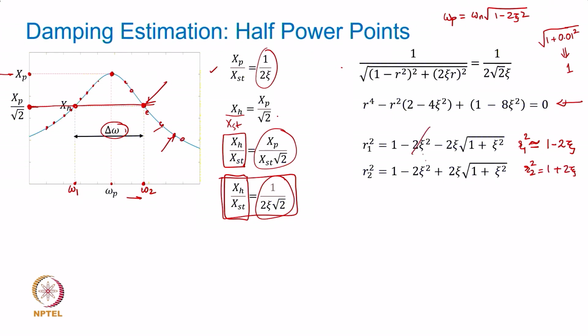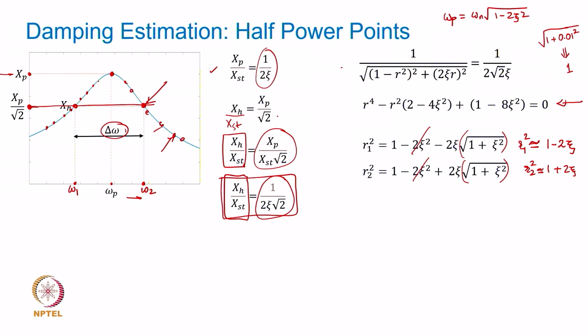This is ignored or assumed negligibly small. Similarly, this bracketed term is assumed equal to 1. By ignoring higher powers of zeta, these are the simpler relationships.